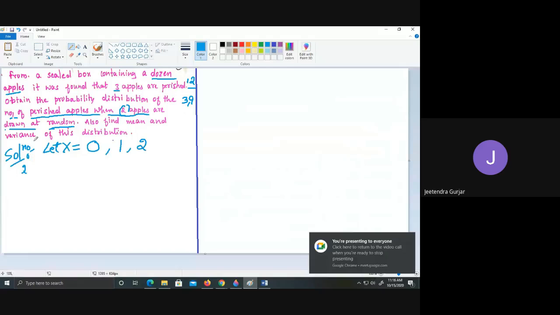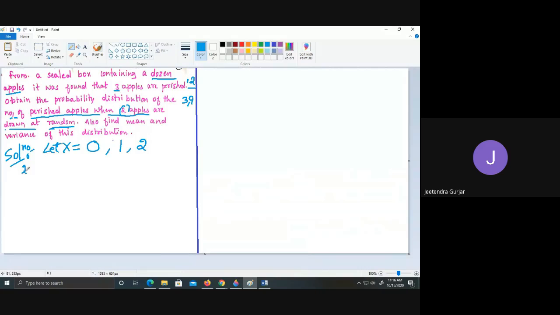Okay, so we'll start now. I have to take two apples. I will start with two apples out of 12 apples. Means I think you have come across combinations and permutations. Yes, students.